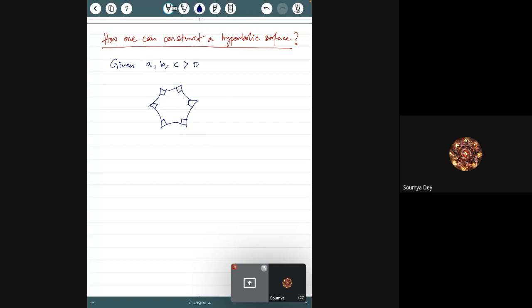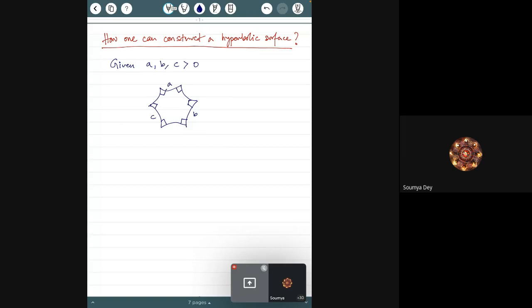Suppose you have three positive real numbers a, b, c. You can always find a right angled hexagon in your hyperbolic plane such that the alternate sides, say this, this, and this, their lengths are these three positive real numbers.